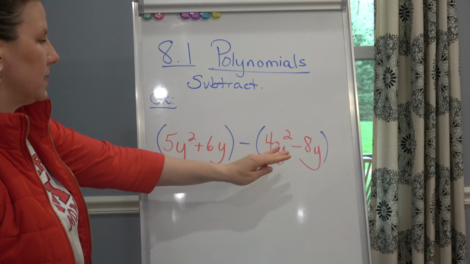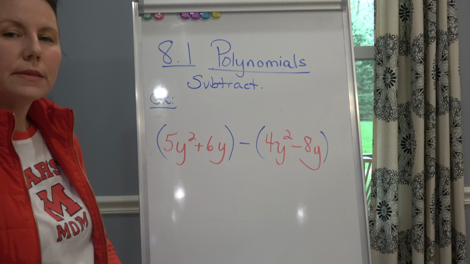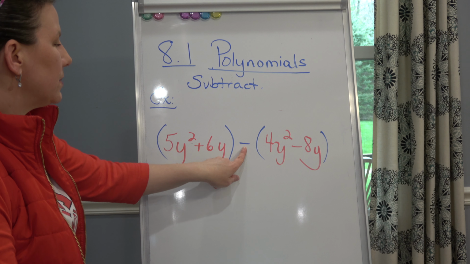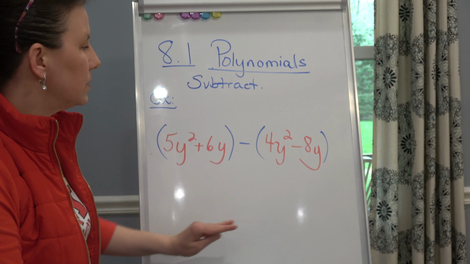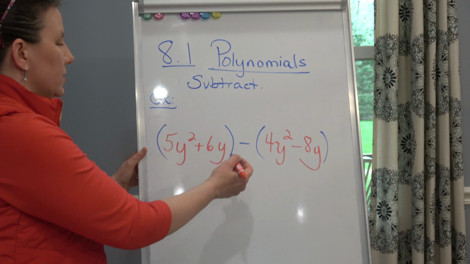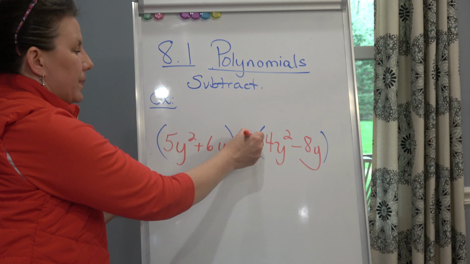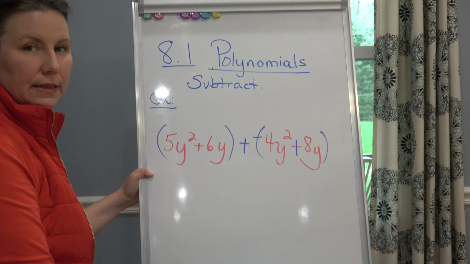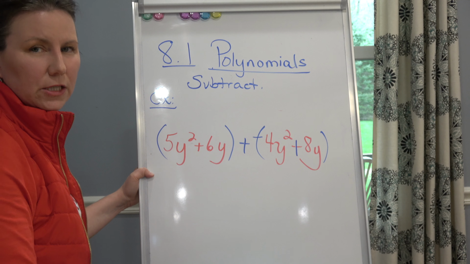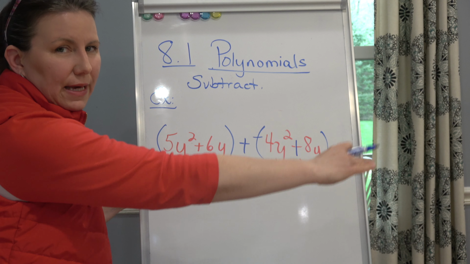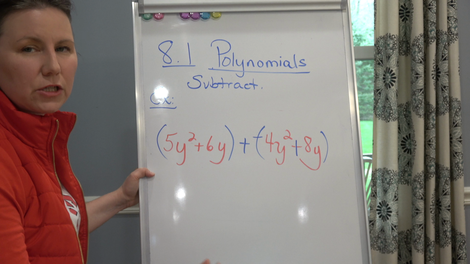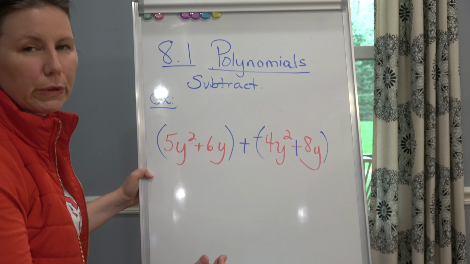Okay, and we could have a constant here, but I've got two binomials, okay? We are subtracting this entire quantity, all right? So some students like to change this to addition of the opposite sign, and then combine like terms. So change subtraction to addition and change every sign that comes after. So it's kind of like you're distributing that -1 through.